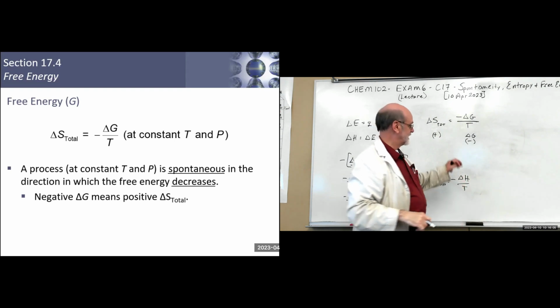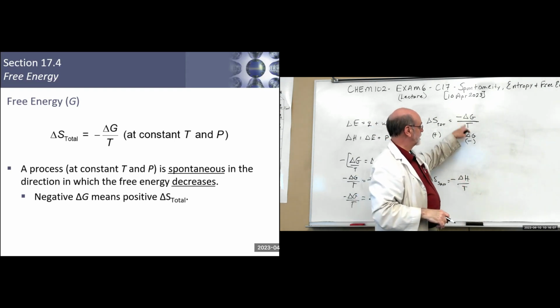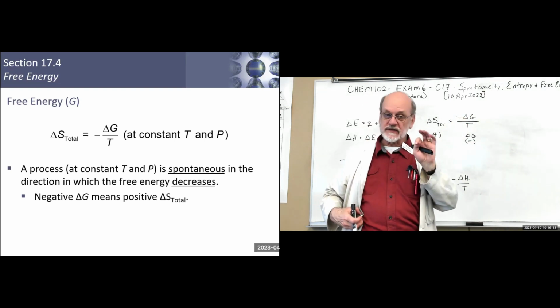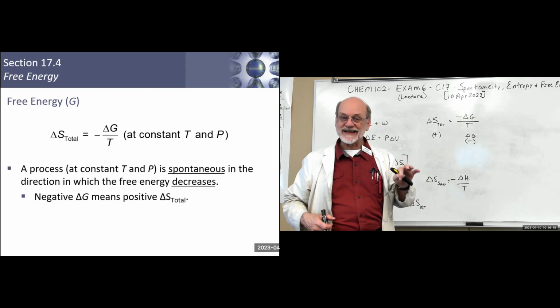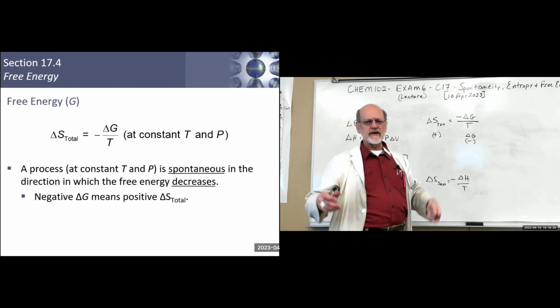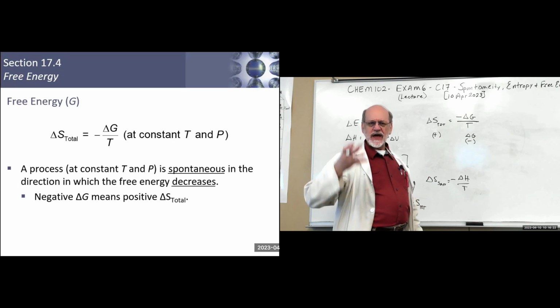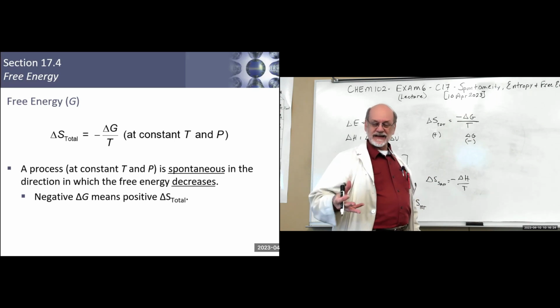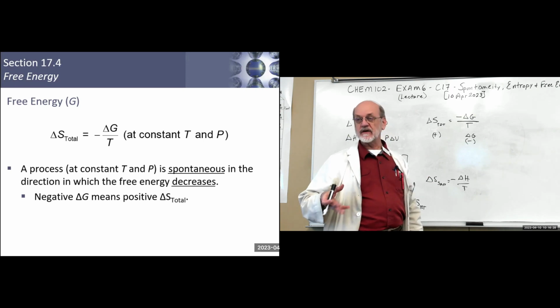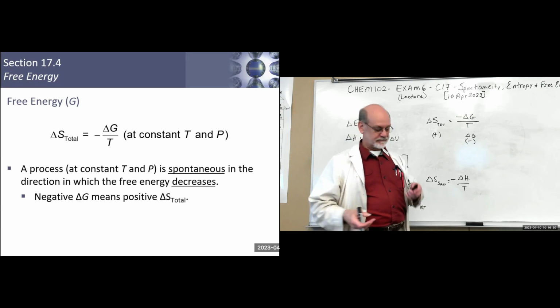So if delta G is negative, then this term is positive and delta S is positive, and this process is spontaneous. The takeaway here is, if you have a delta G that's negative for any reaction, then the delta S total is going to be positive and spontaneous.